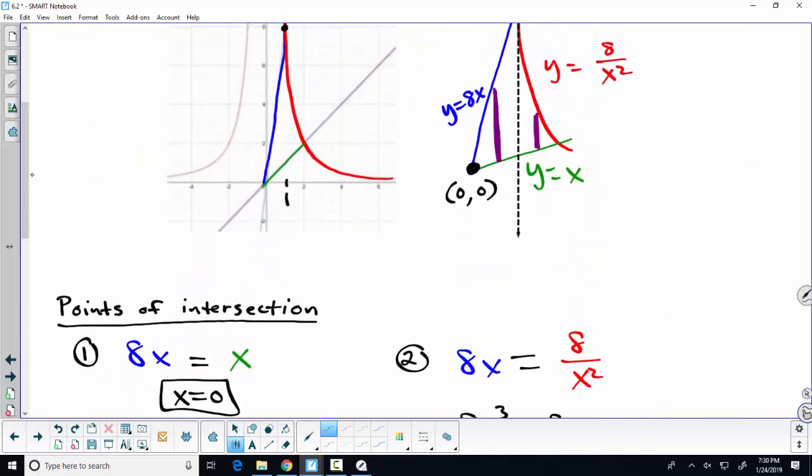So now we know this x value here is 2. And maybe you could have seen that from the graph. I don't know, the graph is pretty bad. You all right with that?